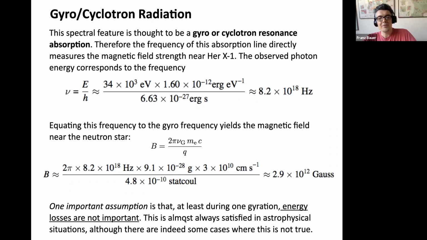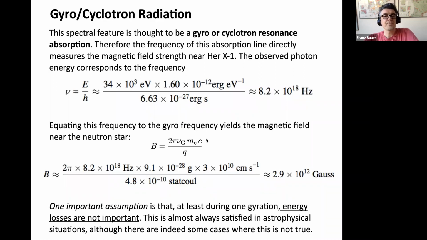I can't think of any off the top of my head. They surely have to do with things that are ultra-relativistic, because remember, Larmor's formula goes as gamma to some very high power. There was a question? No? Okay.